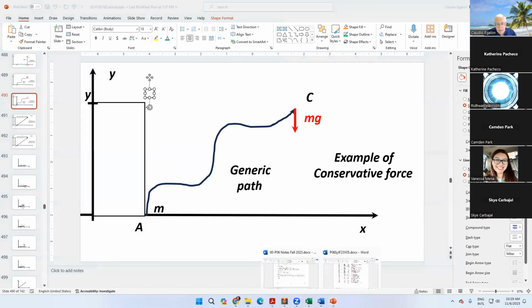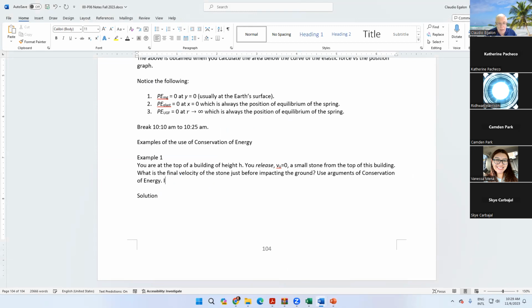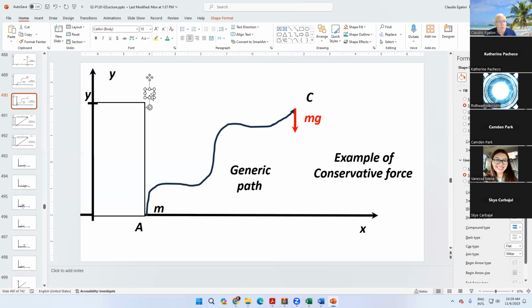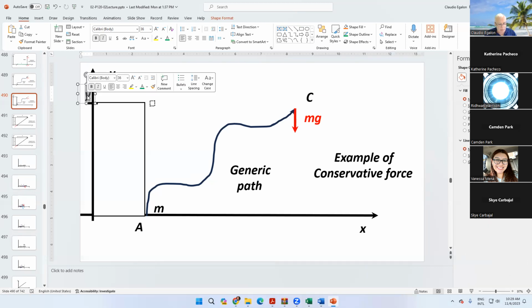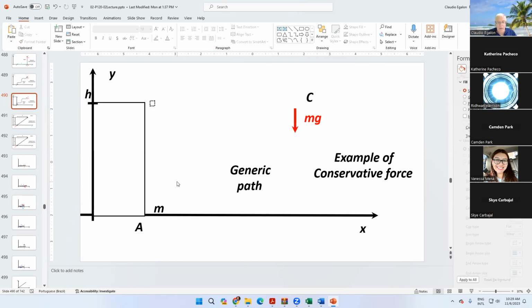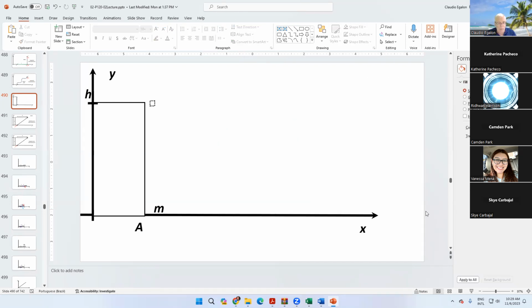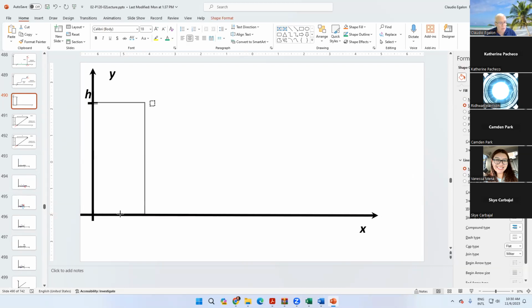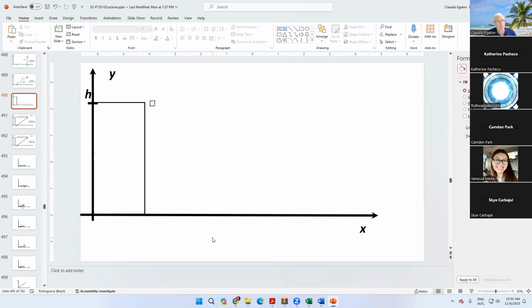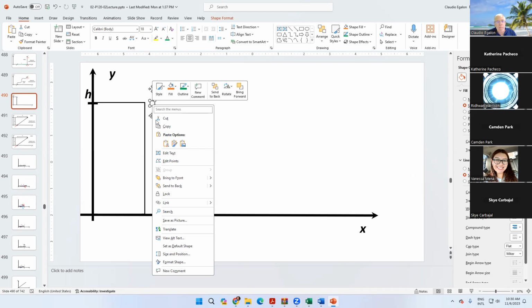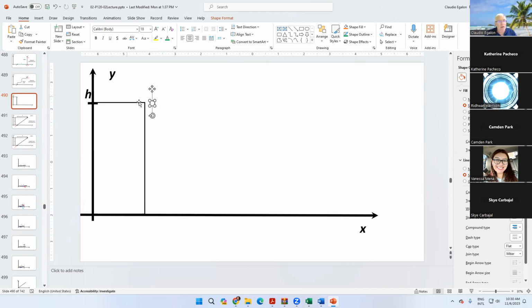The height of the building is H. That's the illustration you have to do. Initial velocity here is going to be 0.